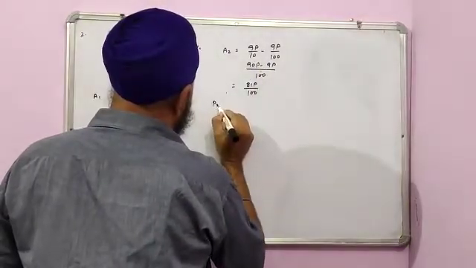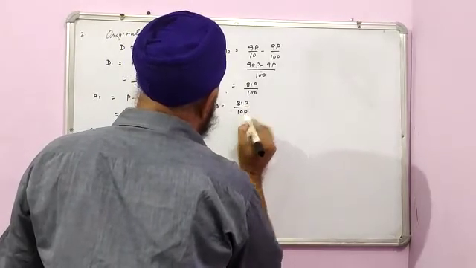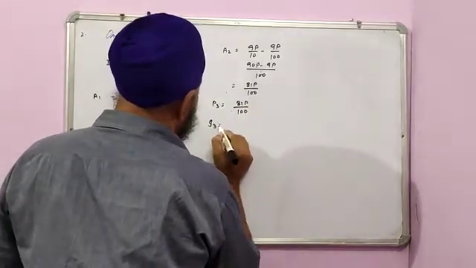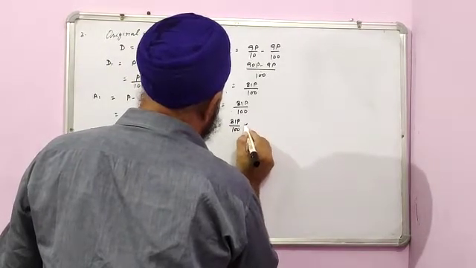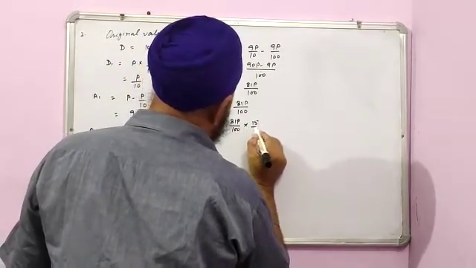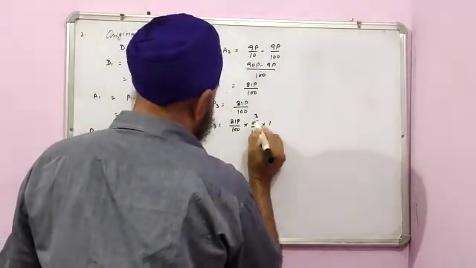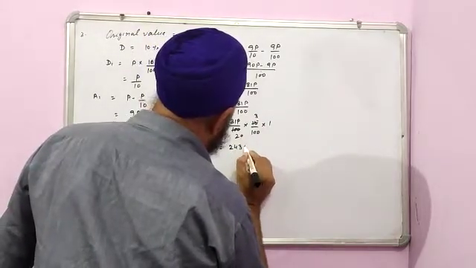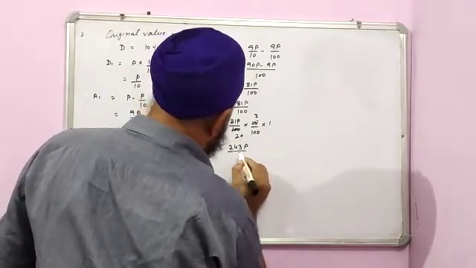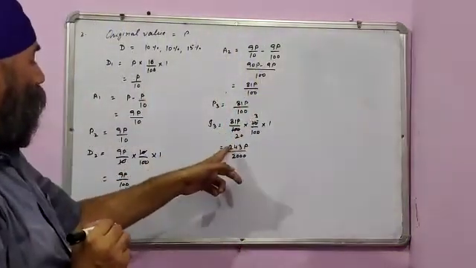So principal for third year will be 81P upon 100. Interest for third year will be 81P upon 100 into 15%, 15 upon 100 into 1. It is 243P upon 2000. 81 times 3 is 243.